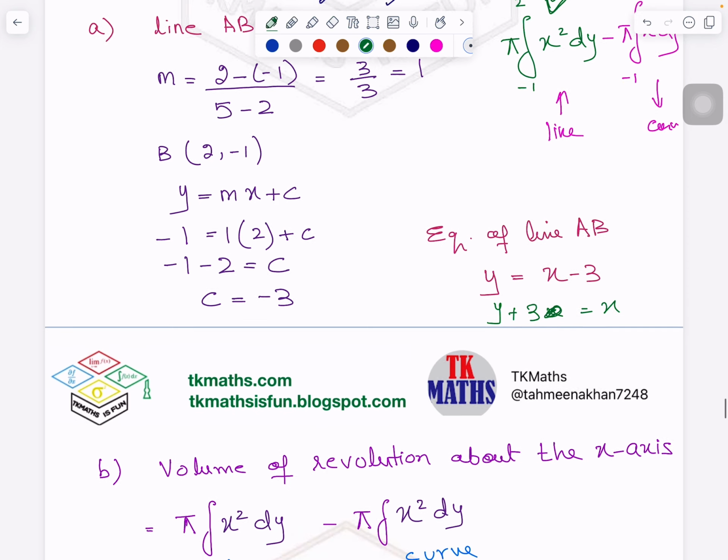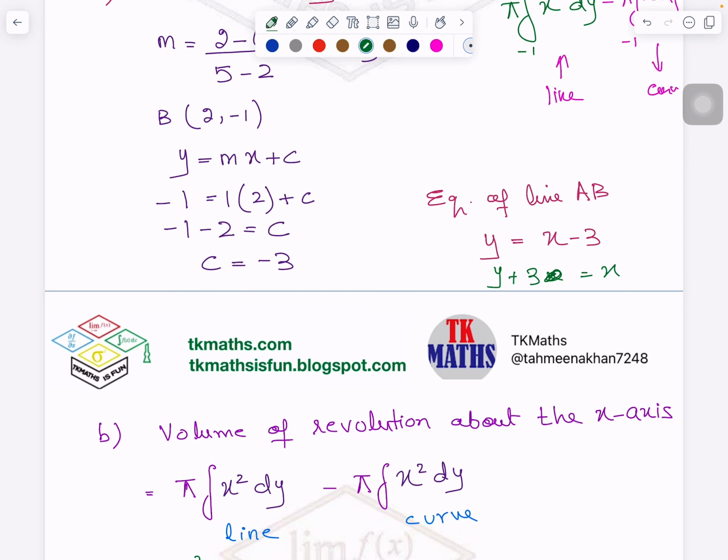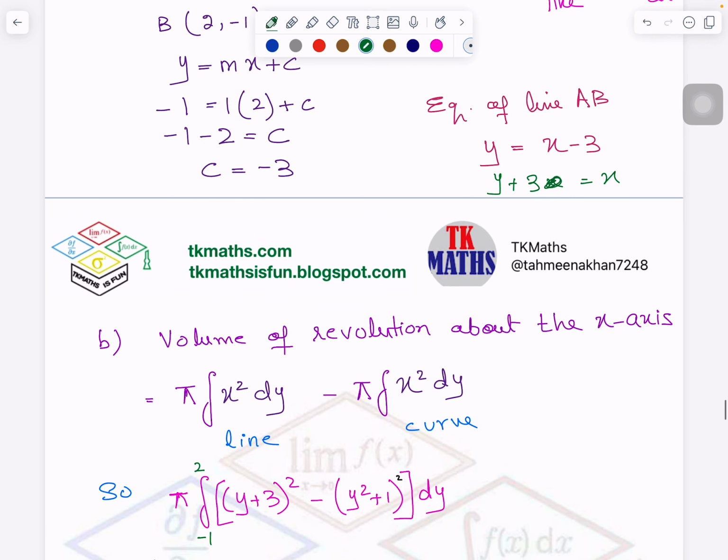Okay, so now let's see the solution. I have written the formula here for you, what I have explained to you. And now line is y plus 3, because in the formula it is a square. So I am squaring it. You can see here, I have squared here, y plus 3 whole square. And similarly for curve also, the equation of the curve was x is equals to y square plus 1.